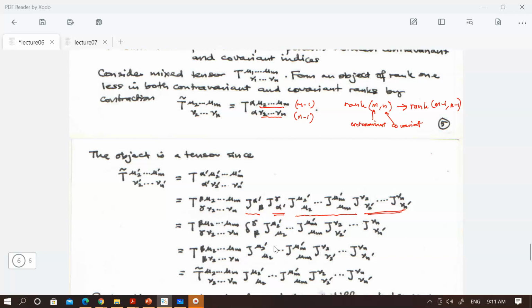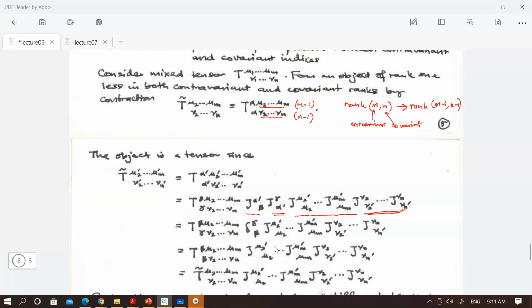Okay, so what we did here is, remember your alpha dash is actually a dummy index. So I have to introduce another index so that it gets contracted with the Jacobian.